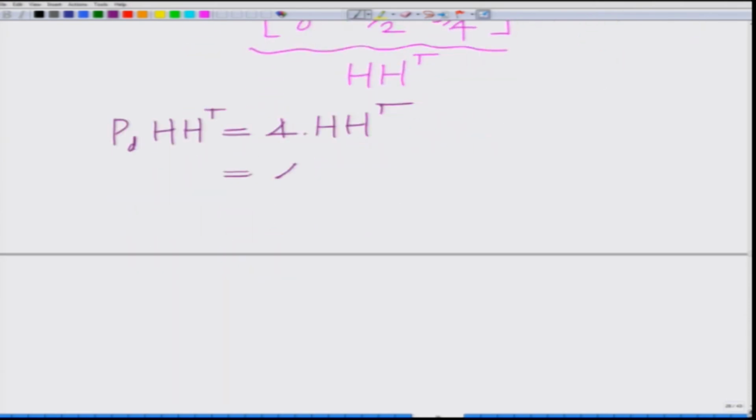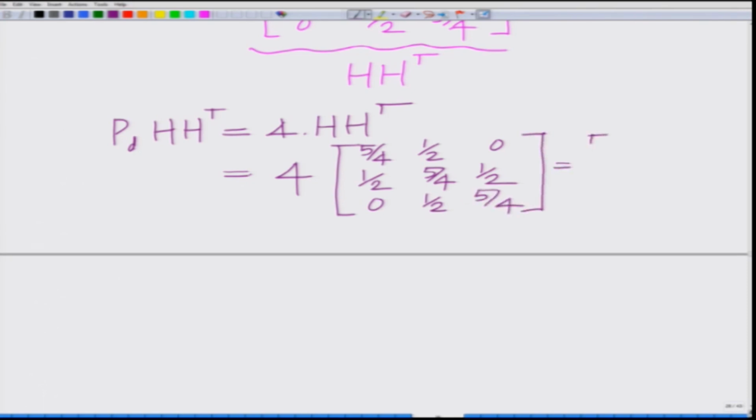So, that is 4 times 5 by 4, half, 0, half, 5 by 4, half, 0, half, 5 by 4, which equals 5, 2, 0, 2, 5, 2, 0, 2, 5. Okay, this is PD times H transpose.